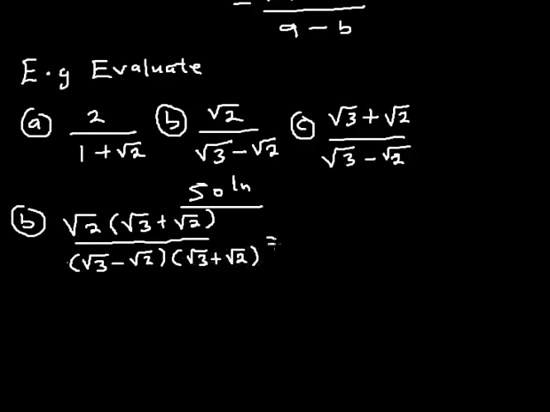Okay, let's look at this. So expanding, root 3 times root 2, that's going to give me root 6. Root 2 times root 2, that gives me root 4. Divided by difference of 2 square, don't forget. That's square root of 3 square minus the square root of 2 square.